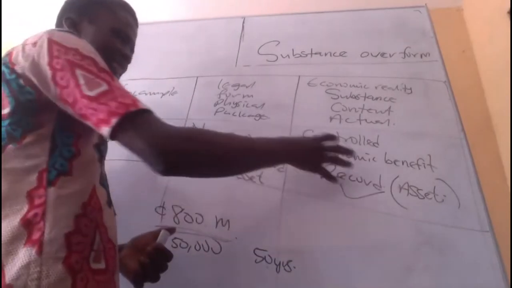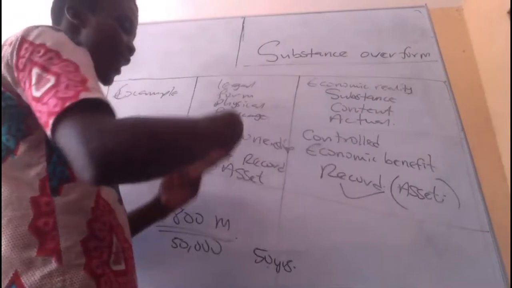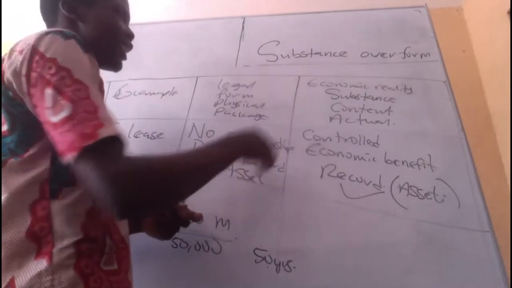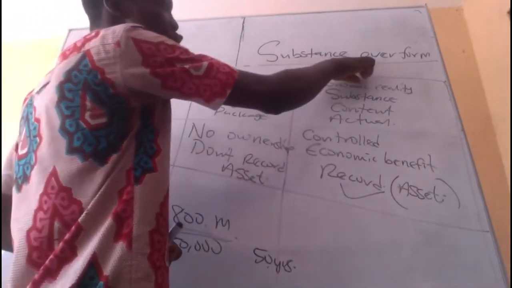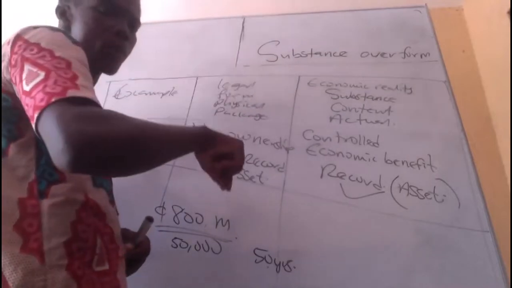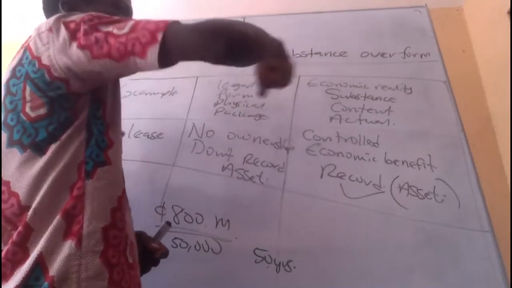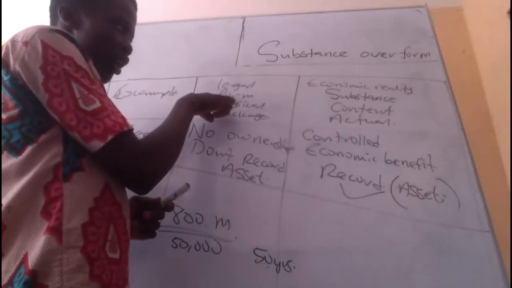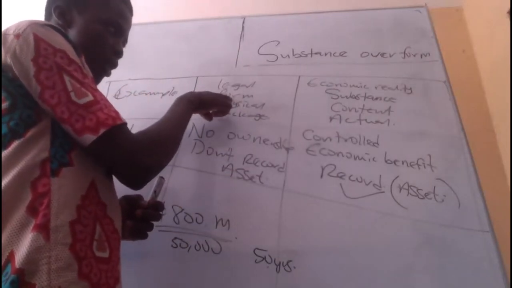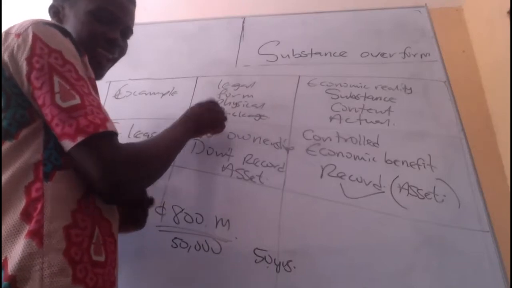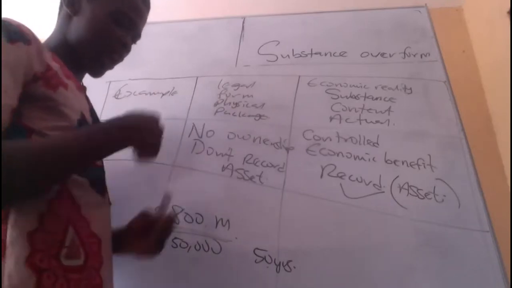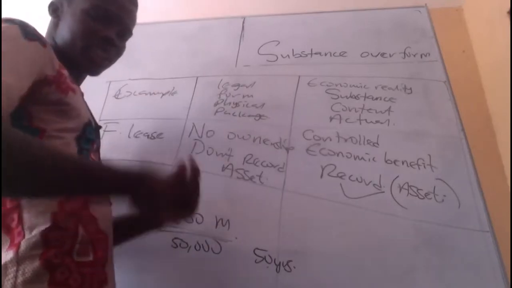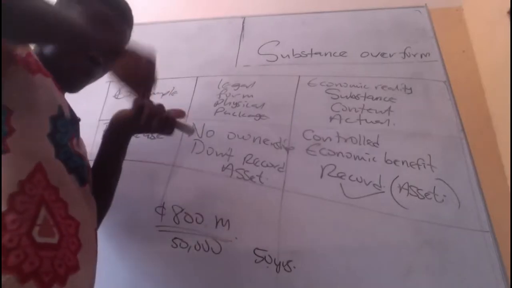Whatever the substance says should outweigh the form. That's what we call substance over form. The requirement of the substance should supersede the requirement of the form. The form is the legal form or the physical state, how the transaction took place. How the transaction took place doesn't matter more than the actual content.